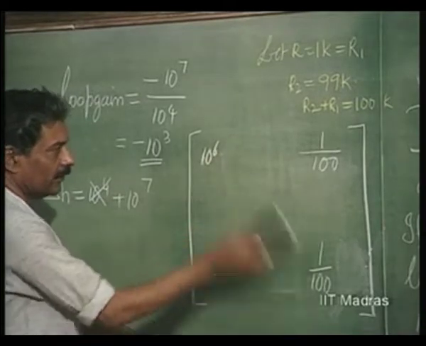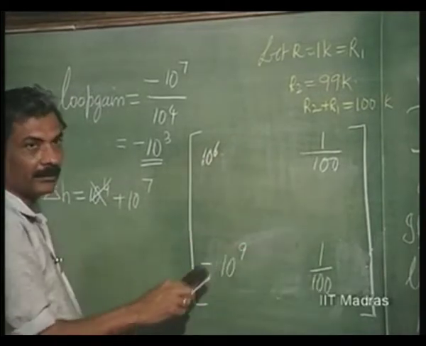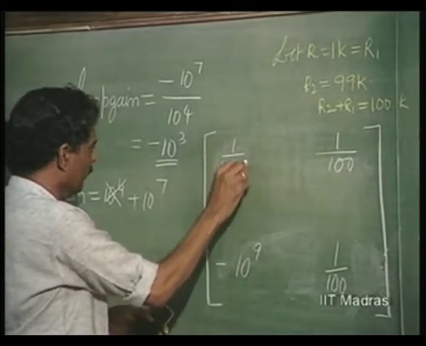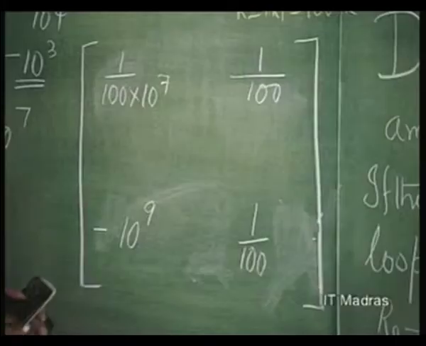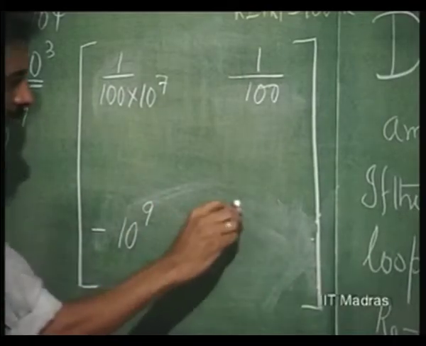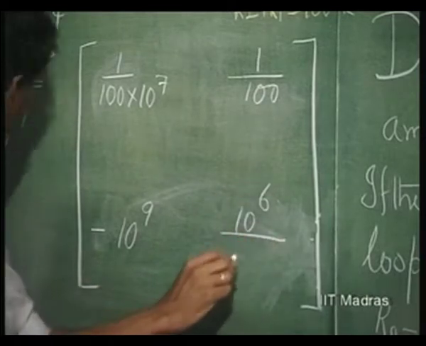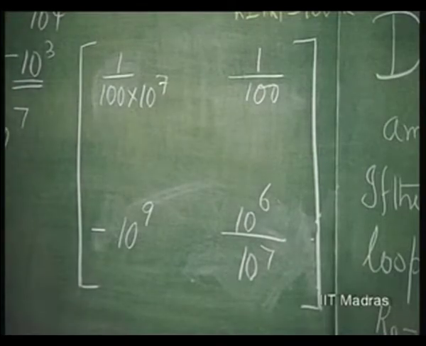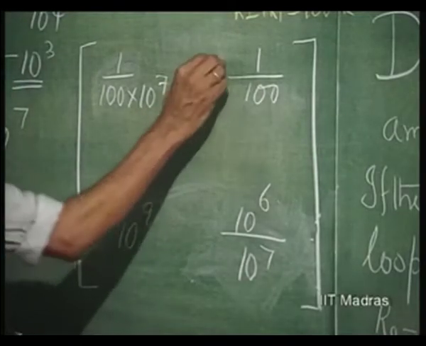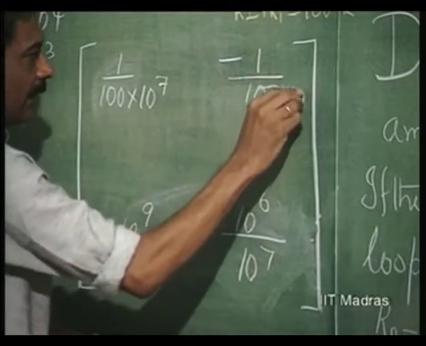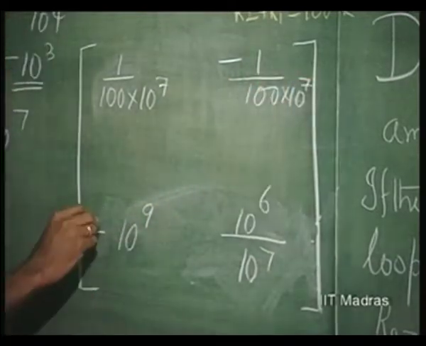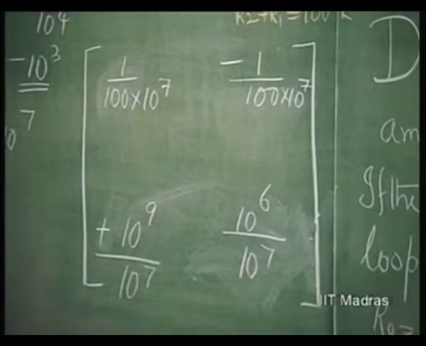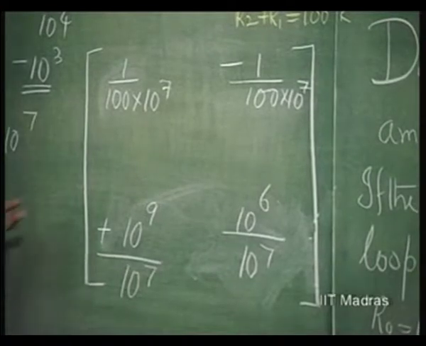Here this is brought over here, 1 by 100 divided by delta H. Here this was 10 to the power 6 divided by delta H. Here minus this divided by delta H, here plus this divided by delta H. Simple.